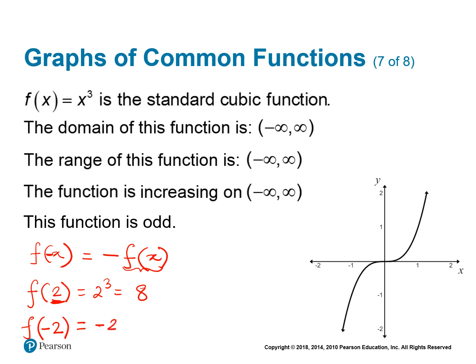Negative 2, again surround the negative 2 with brackets, and then cube it. Negative 2 times negative 2 is positive 4, times negative 2 is negative 8, correct? So we got the negative of whatever we had when we plugged in a positive 2.